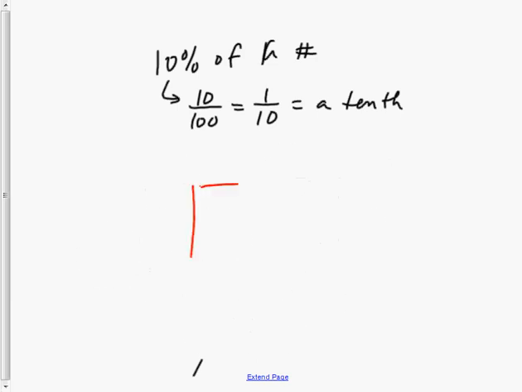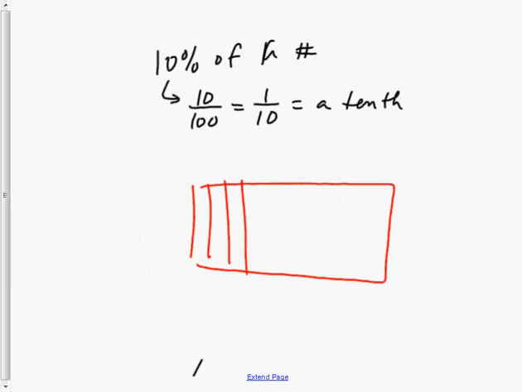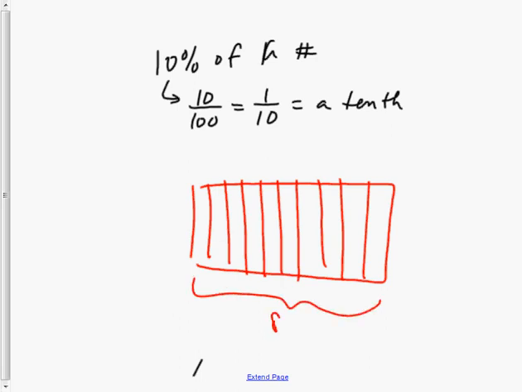So I'm going to take this whole thing and divide it into 10 parts. So 1, 2, 3, 4, 5, 6, 7, 8, 9 lines make 10 parts. So if this is $80, then this would represent 10%, right? So 10% is really a tenth of $80.